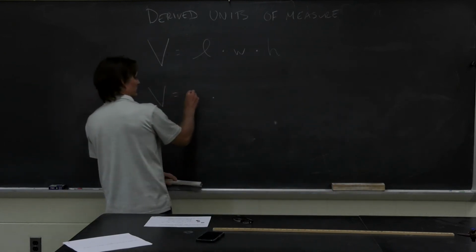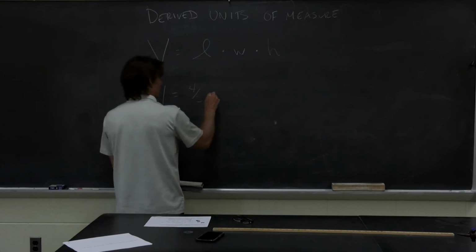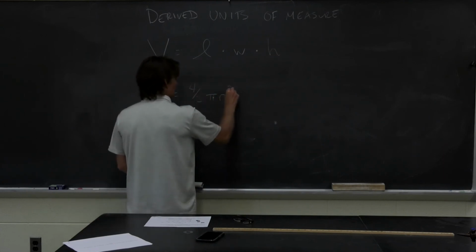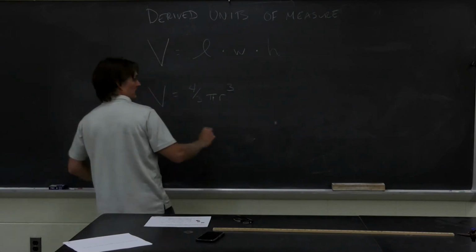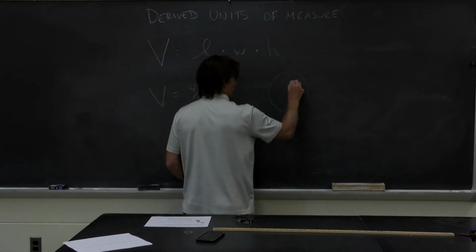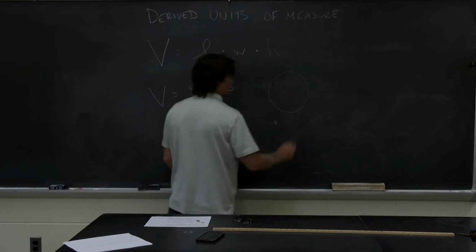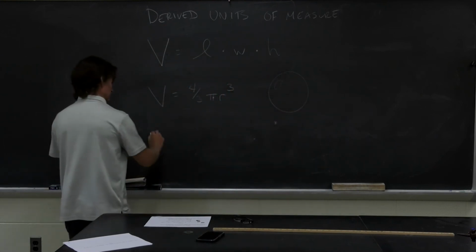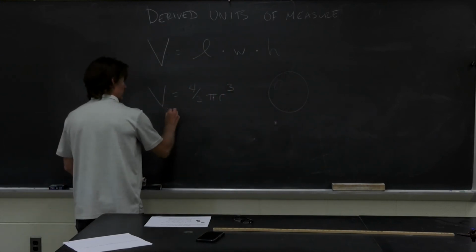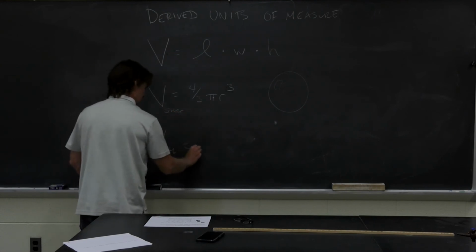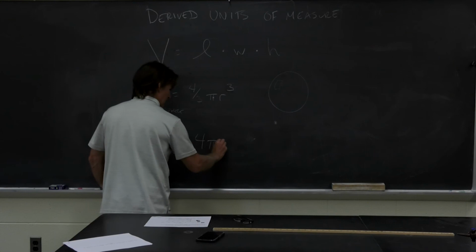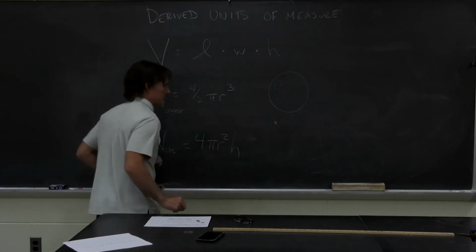The volume of a sphere, you might remember that's 4/3 pi r cubed. I almost put squared there. Let's just draw a sphere there. And then for a cylinder, the volume is going to be pi r squared times the height.